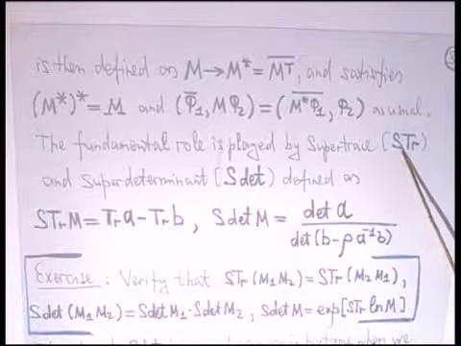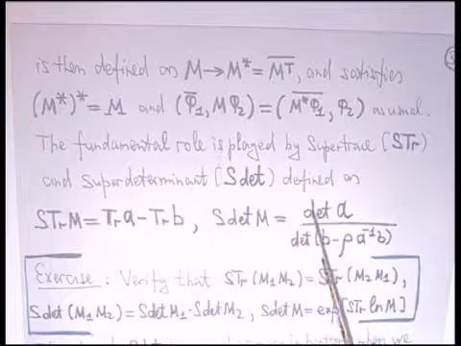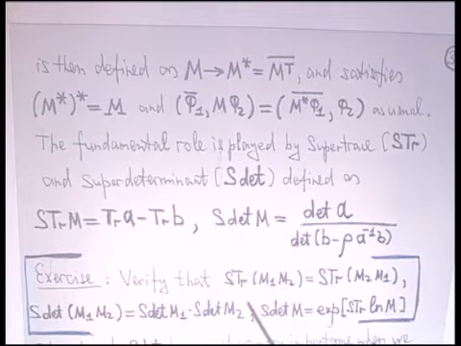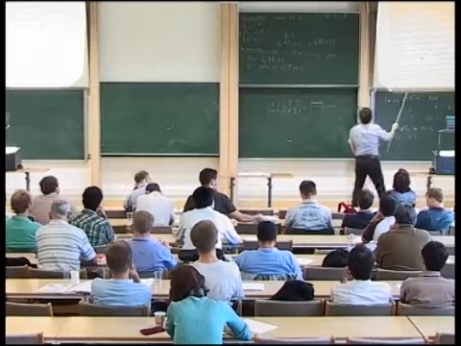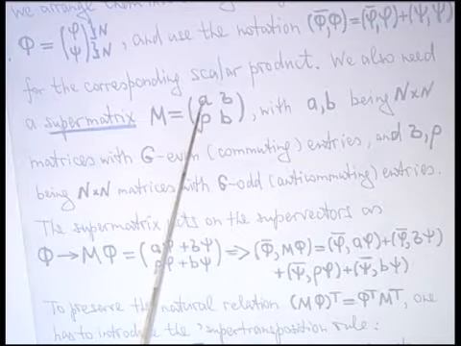One is the supertrace, which is a generalization of the usual trace, and second is the superdeterminant. And here are just definitions. Supertrace: we have this structure of matrix M. So the supertrace is simple. It's just trace of A minus trace of B.